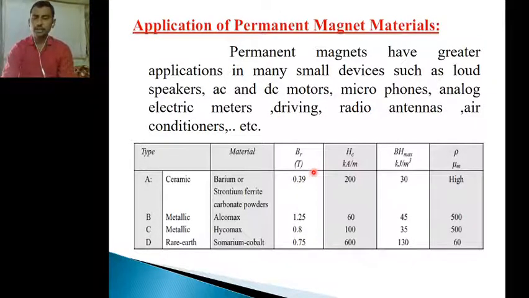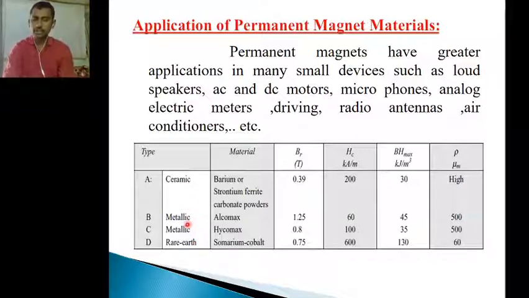The following table gives detailed information about the three types of permanent magnets: ceramic permanent magnets, metallic permanent magnets, and rare earth permanent magnets.